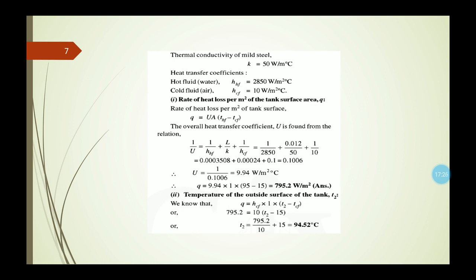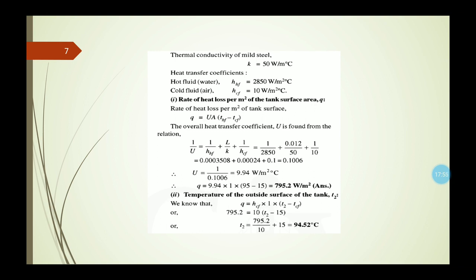On the outside surface of the tank, the heat transfer will be by the convection mode. So in that case, if we use Newton's law of cooling, the formula will be Q equals hCF, that is the cold fluid's convective heat transfer coefficient, times the area, which will be equal to 1 because we are calculating per meter square, times the temperature difference, T2 minus TCF.